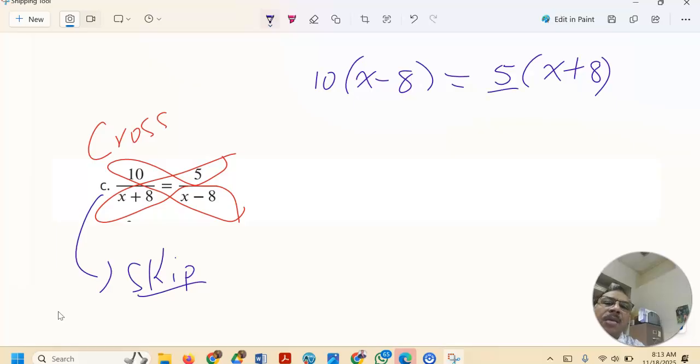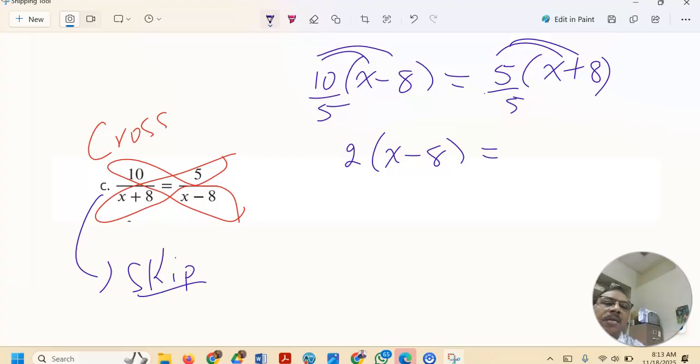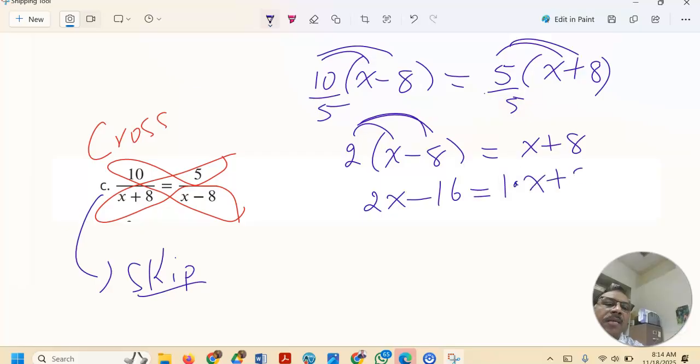But before you even use the distributive property, we could divide by 5. It makes it easier. Divide both sides by 5. What you get is 2 times x minus 8 equals x plus 8. So simple. And then when you use the distributive property, you get 2x minus 16 equals 1x plus 8.